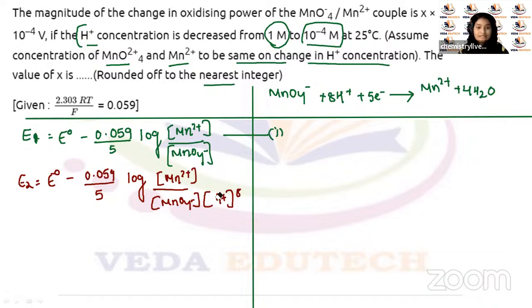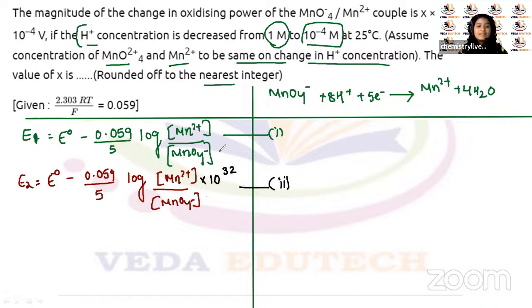So instead of H plus, I'll write here 10 to the power minus 4. If I take it above, this is going to be how much? 10 to the power minus 32 will become 10 to the power 32. Can I say that we are going to get this? Now this is going to be your second equation.